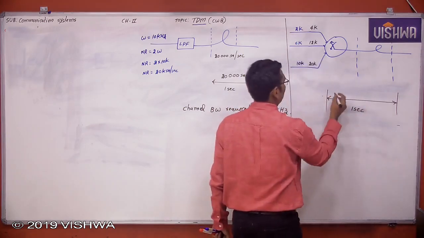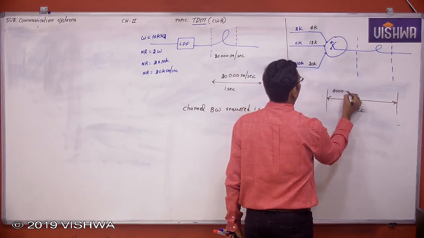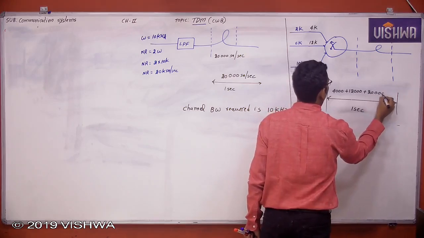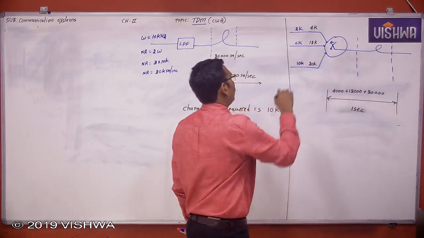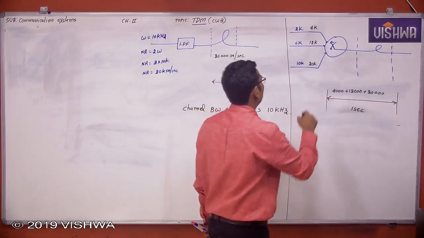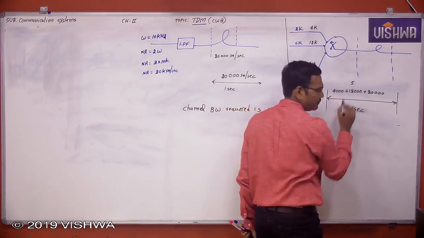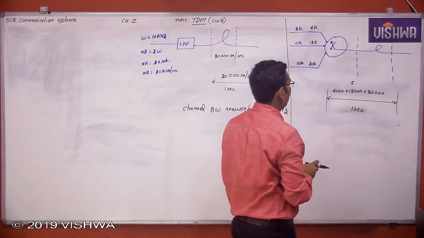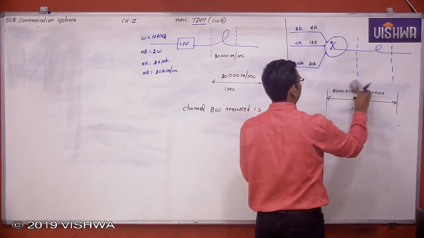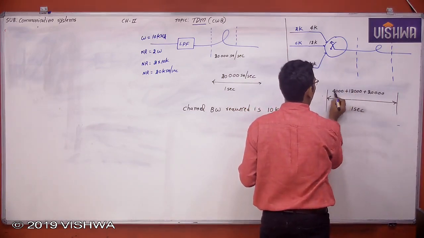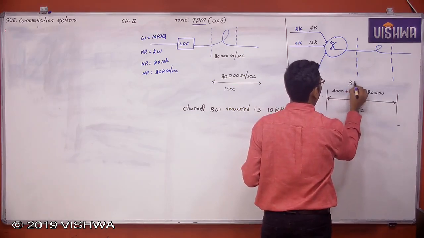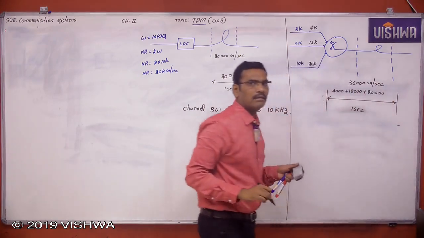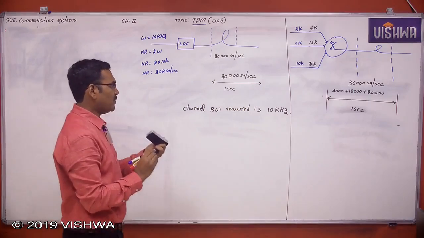How many samples? Here 4000 plus 12,000 plus 20,000. So 12 plus 4 is 16, 16 plus 20 is 36,000 samples transmitted per second.